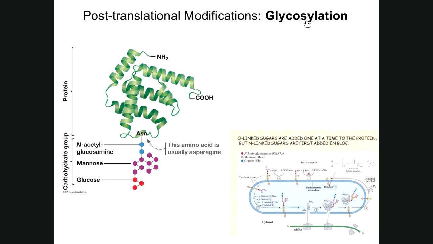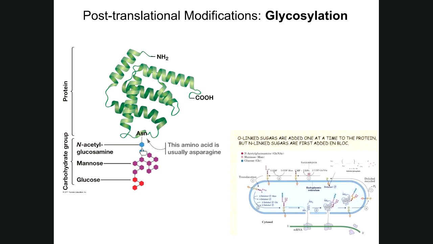So this process called glycosylation, what does it involve? It involves attaching carbohydrates to the protein. Now that protein may be formed by one polypeptide folded into a tertiary structure as they're showing you here, or that active protein could consist of a quaternary structure made up of more than one polypeptide folded in a tertiary.